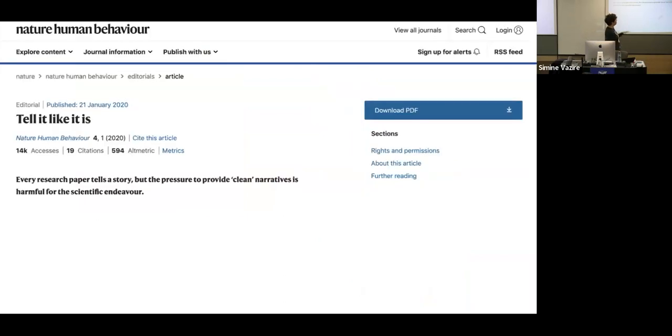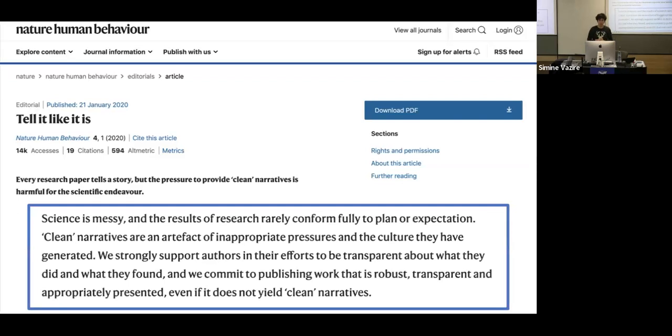But Nature Human Behaviour, again, is a quite prestigious journal. And they have a couple of editorials. One is called Tell It Like It Is. So this is the editors talking to researchers who might submit. They say, look, every research paper tells a story, but the pressure to provide clean narratives is harmful. Science is messy and the results of research rarely conform fully to plan or expectation.